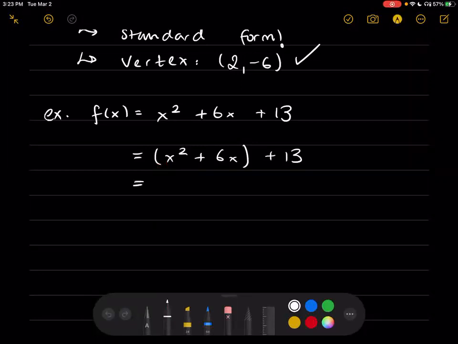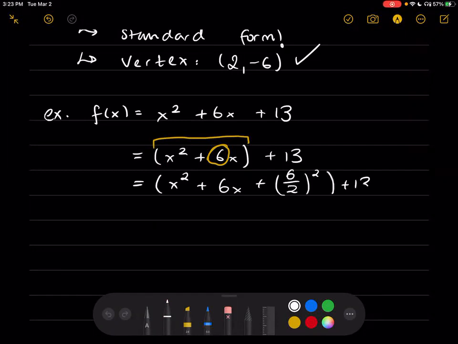So then we can go right into the adding and subtracting step. For this thing here, the b is 6. So when we do this step, we're going to do plus 6x plus 6 over 2 all squared plus 13. And then, of course, we have to subtract away the leading number, which again is just a simple 1.